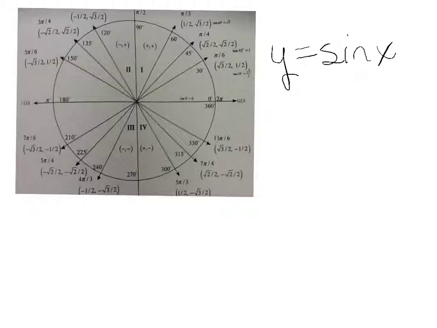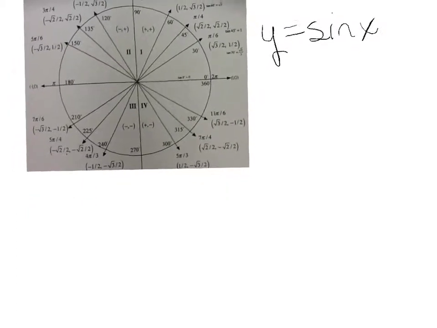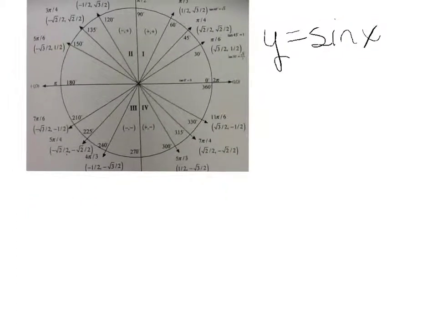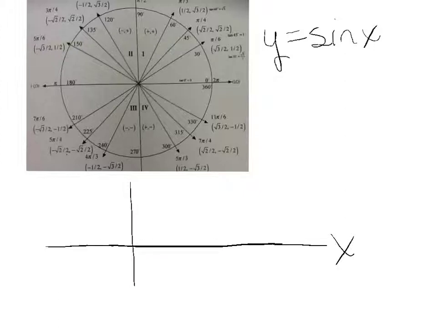I'm going to, let me move this up just a little bit. I'm going to start by drawing an x and a y axis. Here's our x, and here's our y. All right, now let's think about this.